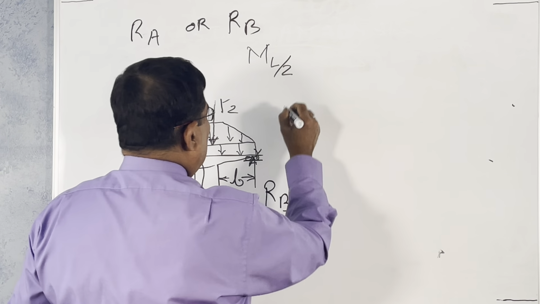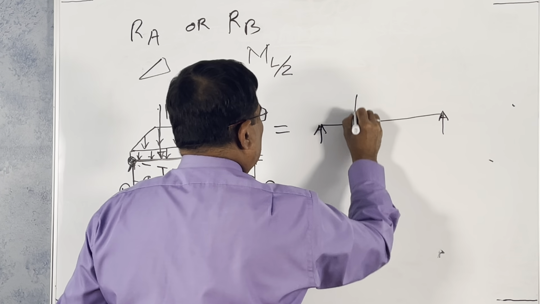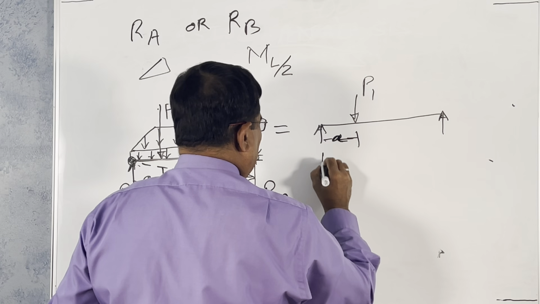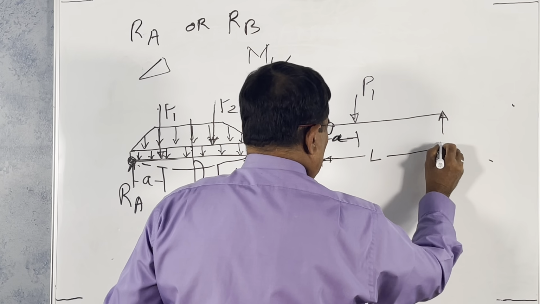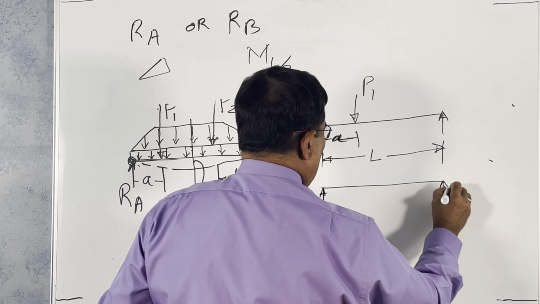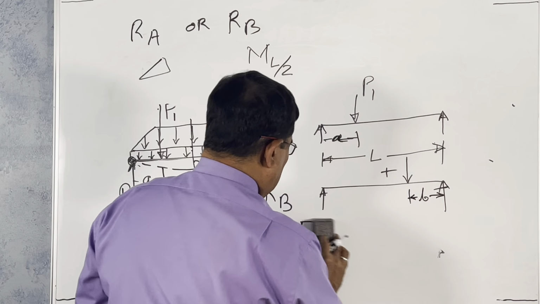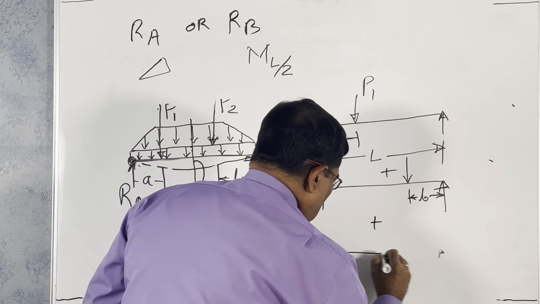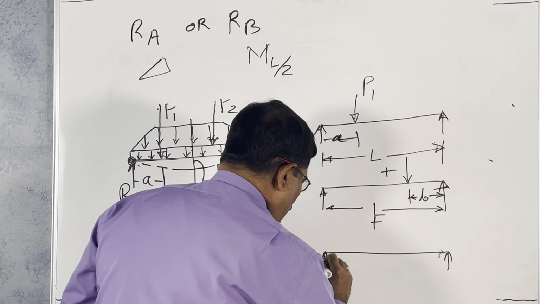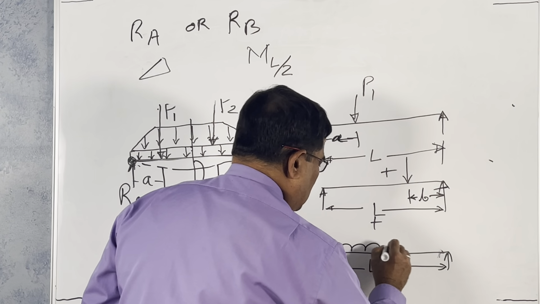Suppose this value is equal to one structure you have here, where P1 is at a distance A from the left-hand side of the length L. The other one, plus, one force is acting there at B. Then the third one, plus, the same L, same beam, with a uniformly distributed load, I'm showing it like a cloud.